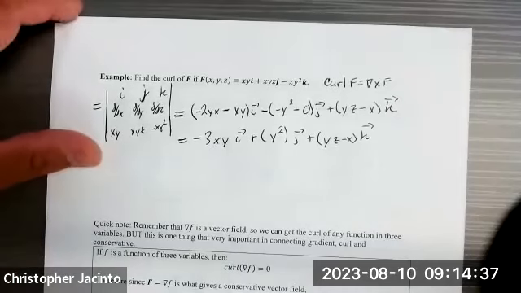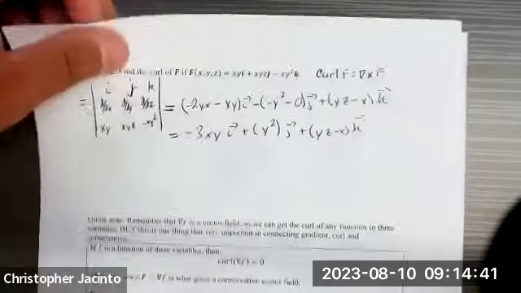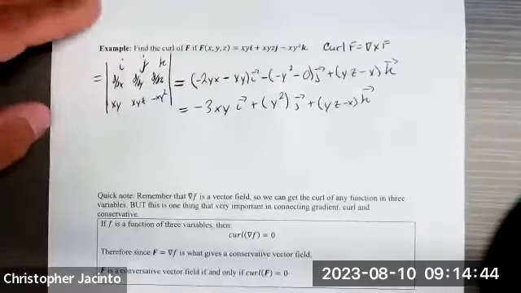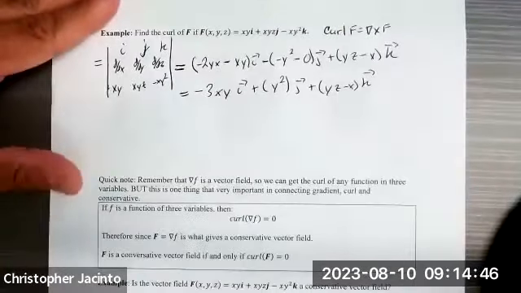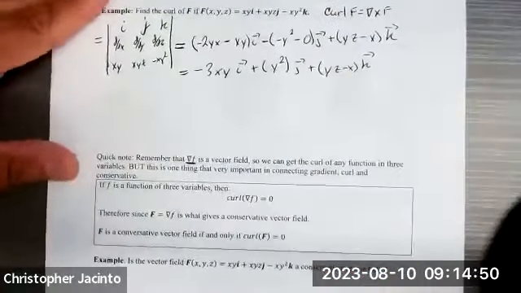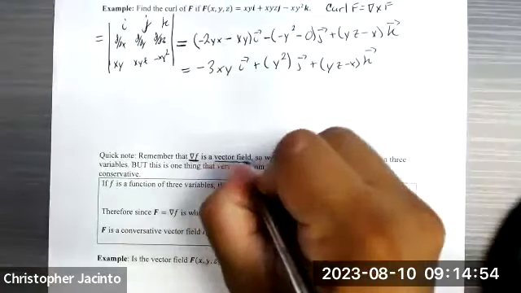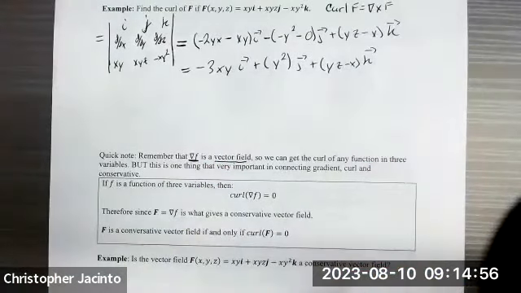Now, one quick note before we go any further of this curl. The funny thing is, remember the gradient of f. So given the original function f, if we find the gradient of it, that's defined to be a vector field. Which means we could find the curl of any vector field.